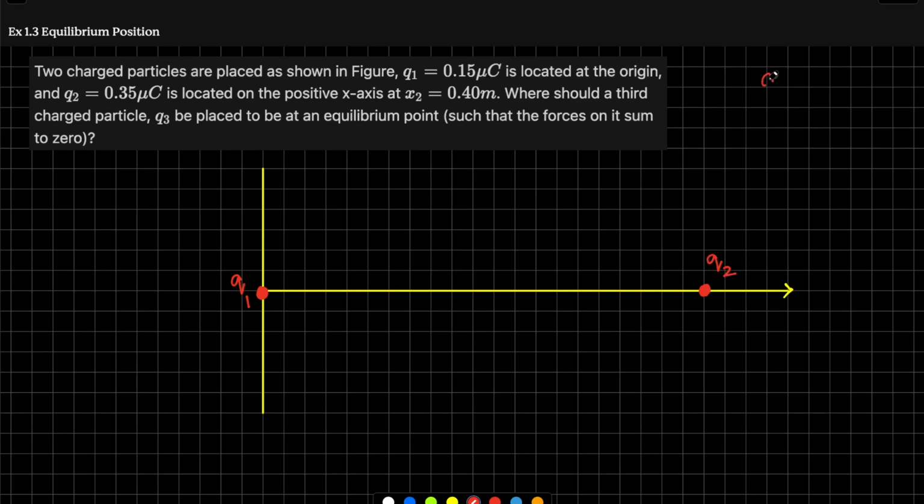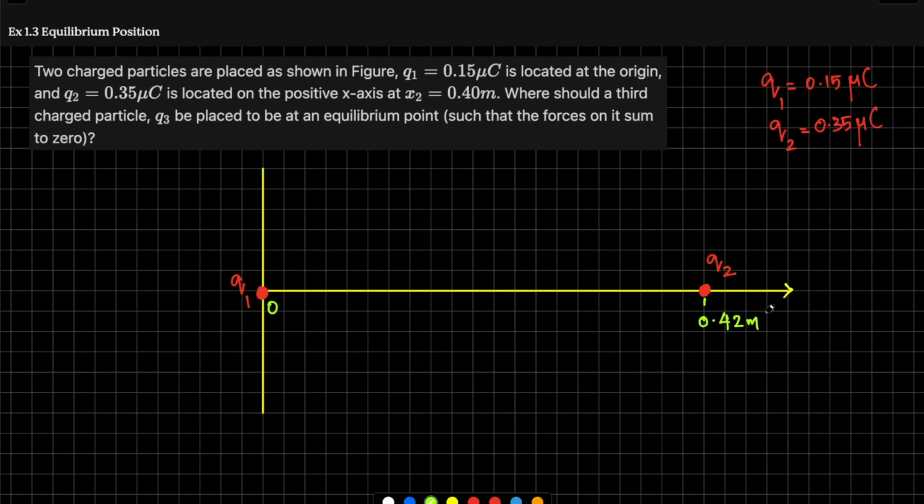Q1 is equal to 0.15 microcoulomb and Q2 is 0.35 microcoulomb. Both of them are positively charged. Q1 is located at the origin, so this point is 0. And Q2 is located on the positive x-axis at x2 equals 0.4 meters.